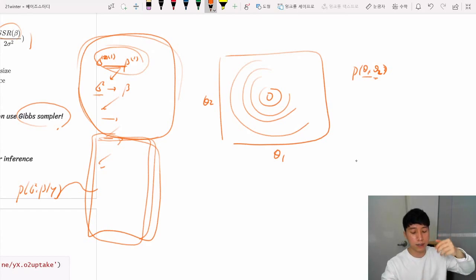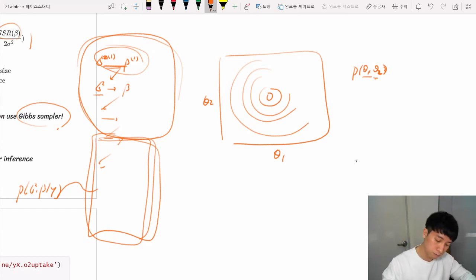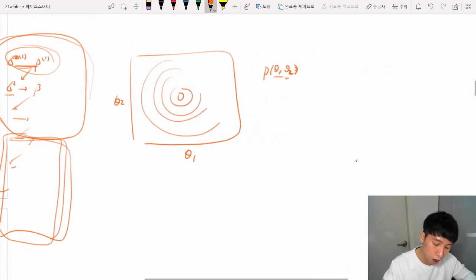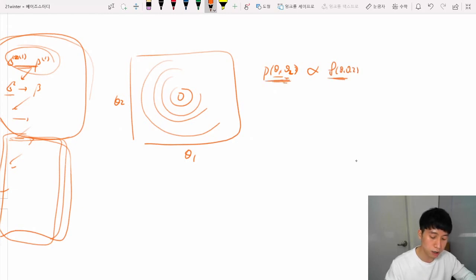You are aware of the exact coordinate of your location, and also the exact altitude of your point, right? But in many cases, you are only given some function that's known to be proportional to the exact density, right?